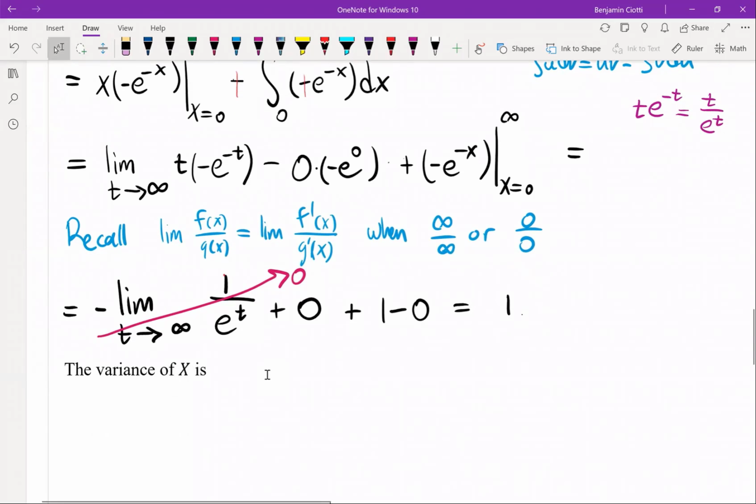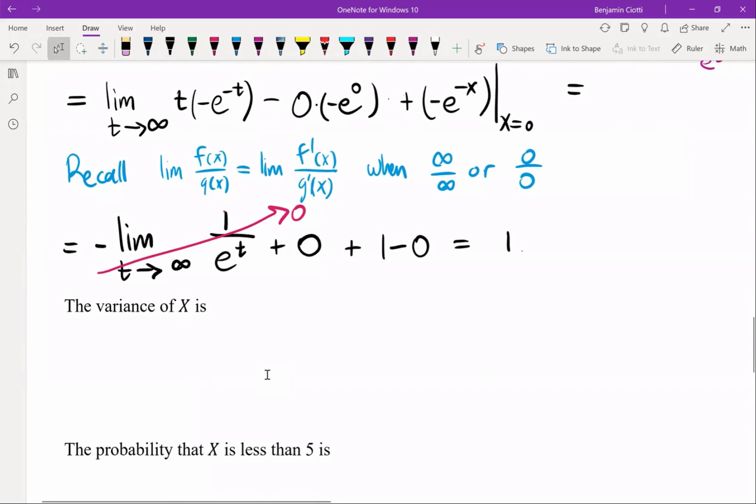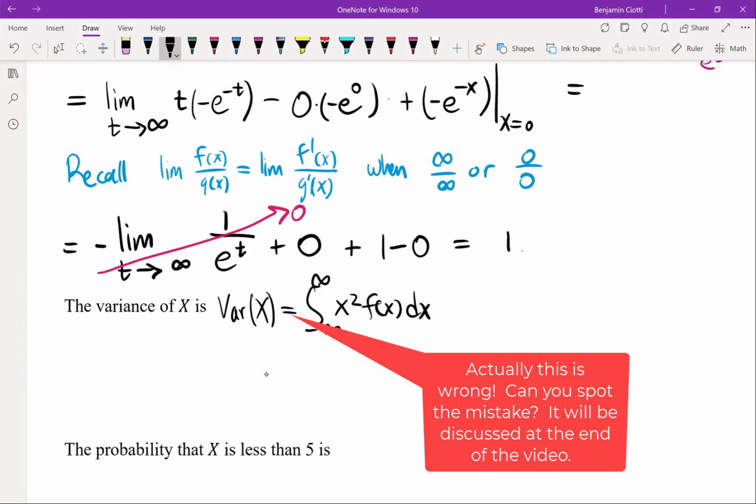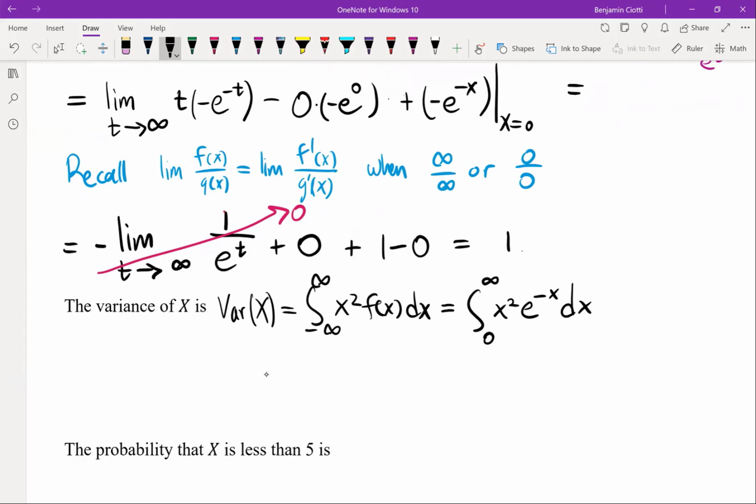For the variance, let's see, do I want to do a whole variance calculation? I'll at least say what the formula is. The variance is, in general, the integral of x squared times the probability density. In this case, it would then be the integral from 0 to infinity of x squared times e to the negative x dx.